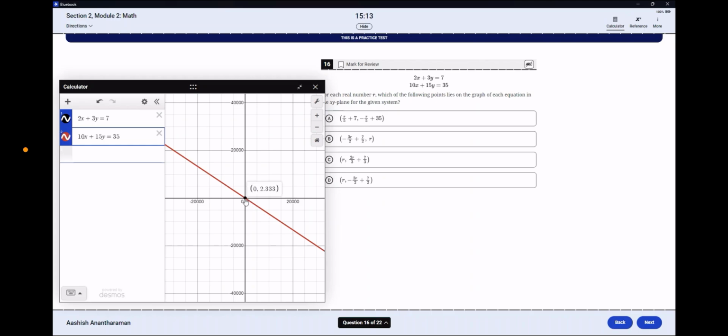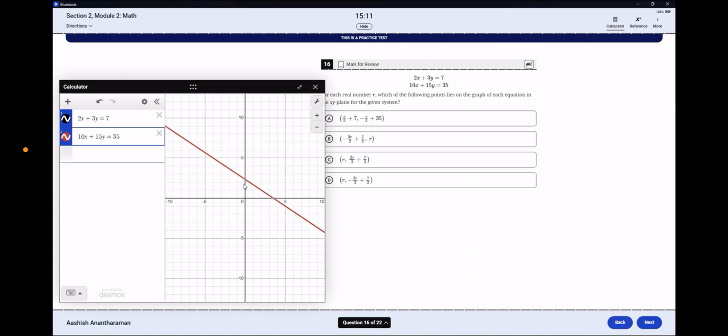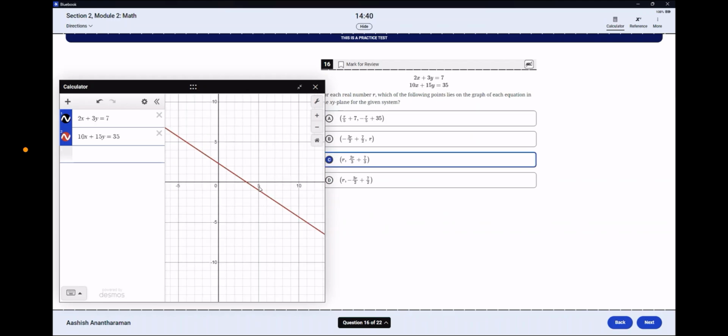So we know 0, 0 works. Not 0. We know 0, 2.33 works. So that is going to be 7/3. So we know 0, 7/3 works. If r is 0, we know that's going to work. So the only answer that makes sense here is C, because we can try other points as well.